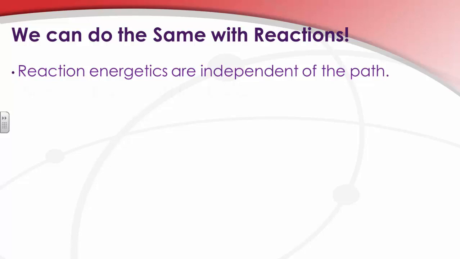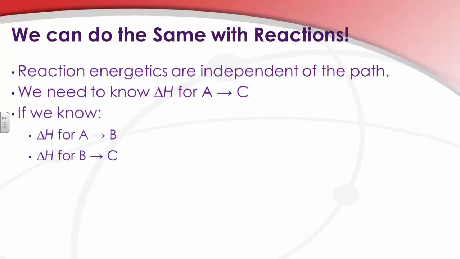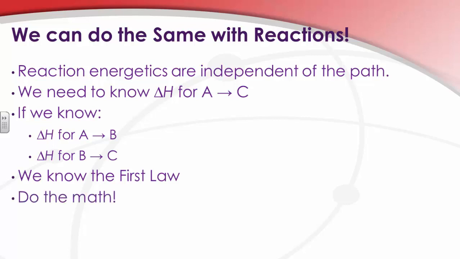And what that means is we can say, if we need to know the energetics for a target equation A to C, but if we know the energetics to get from A to B and from B to C, then we can apply the first law of thermodynamics, say that energy has to be conserved, it can't be created or destroyed, and we can just simply do the math.